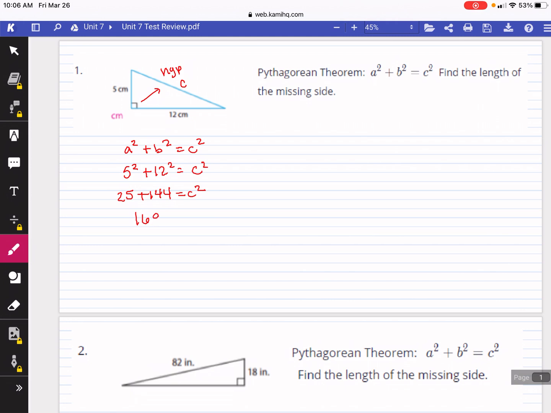That adds up to 169. And then at the very end, you need to square root it to get the length of that side by itself. So we're going to do square root of 169, which comes out to 13. So the answer to this problem for the missing side would be 13.